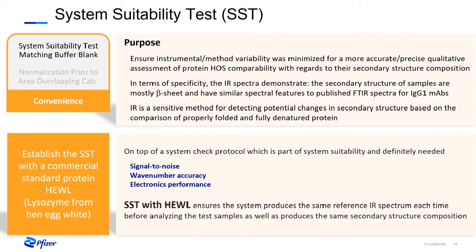What we wanted here is to establish the SST with a commercial standard protein. The SST with the standard is to ensure the system produces the same reference IR spectrum each time before analyzing the test samples, as well as produces the same secondary structure composition.